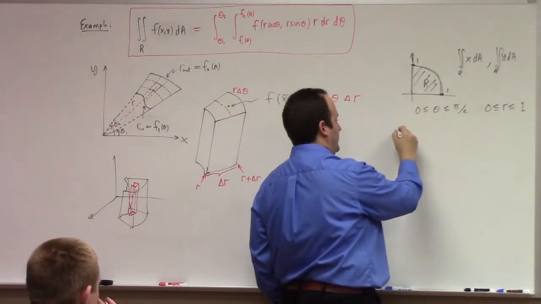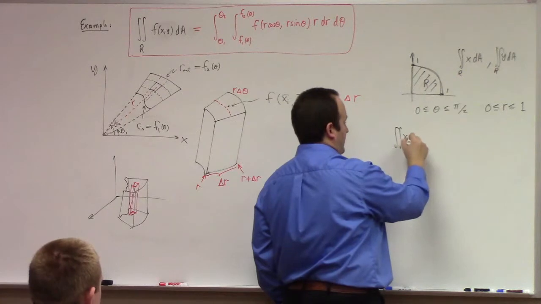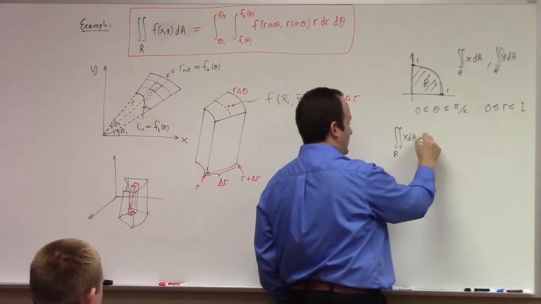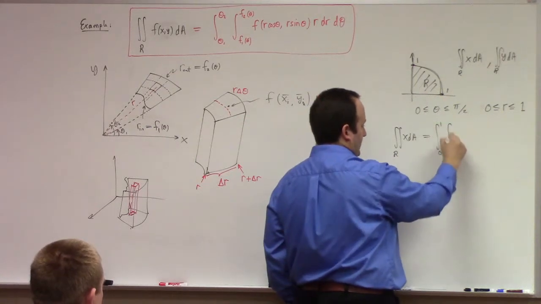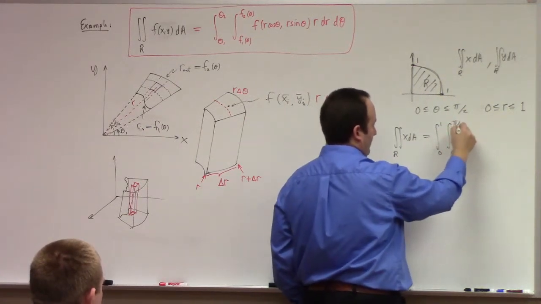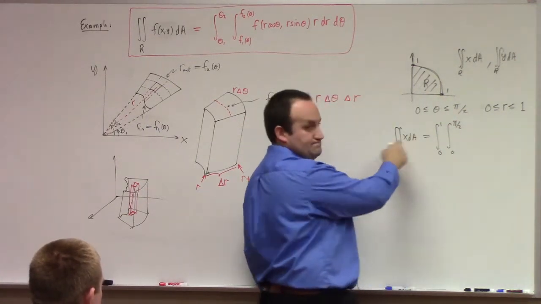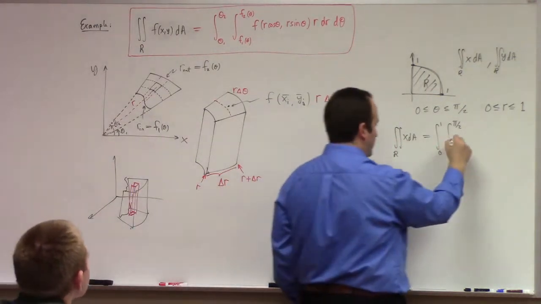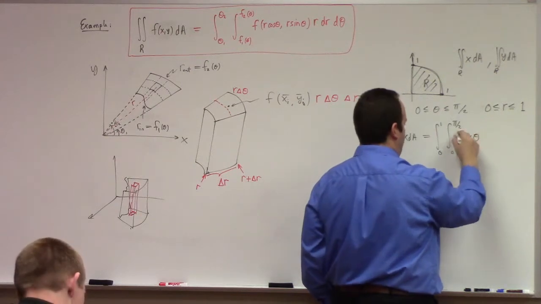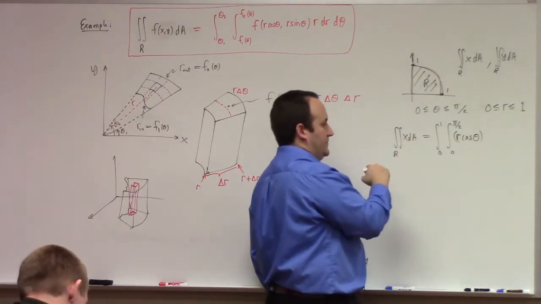So if I want to integrate x dA over this region, I integrate from 0 to 1, integrate from 0 to pi over 2. x in terms of polar coordinates is r cosine theta. And what was the dA?